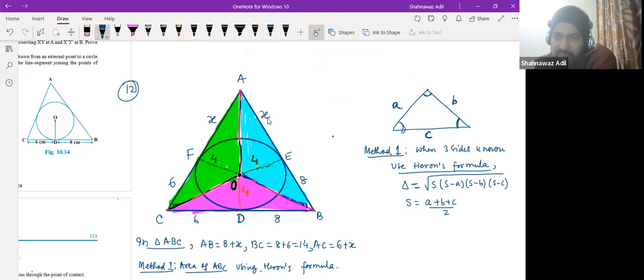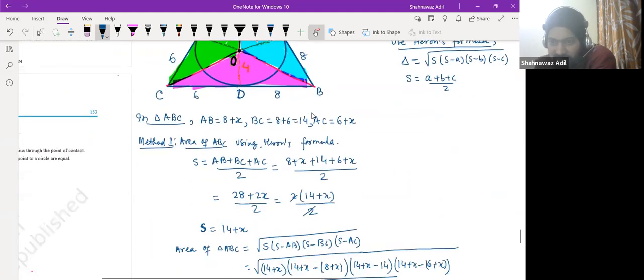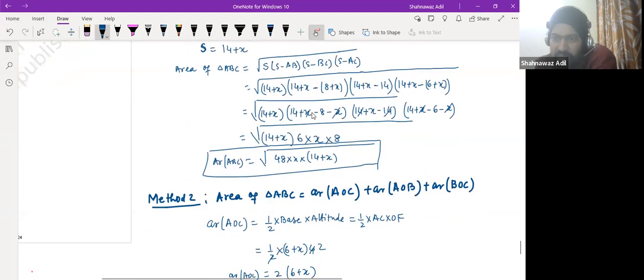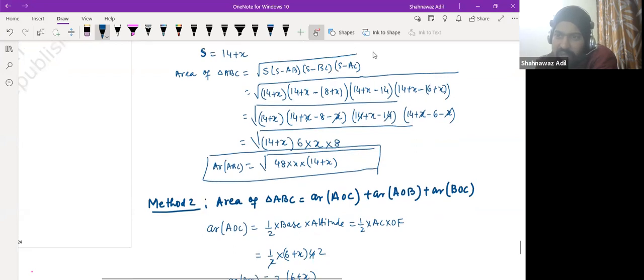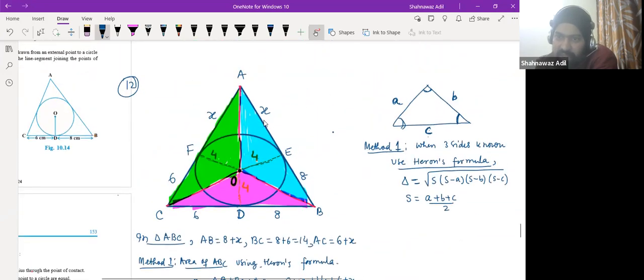The idea is not just to calculate using the first method, you already got the answer, right? But that is not the goal. The goal is to find out this x. So we have to use both the methods. That is clear.